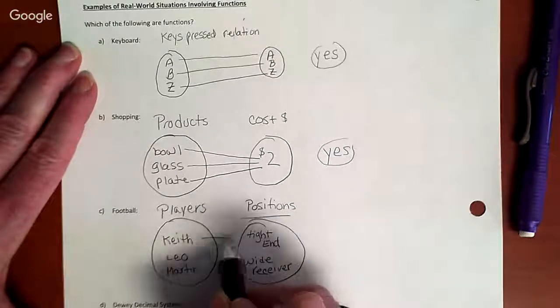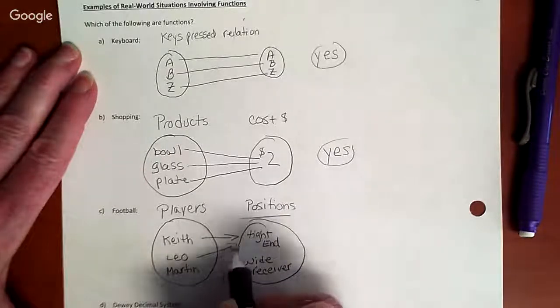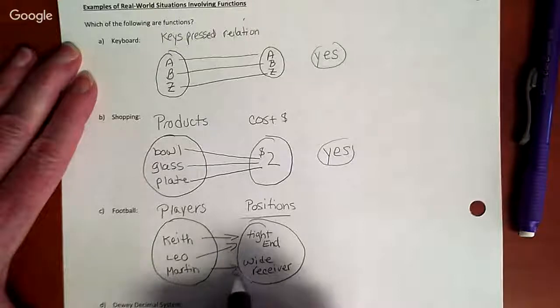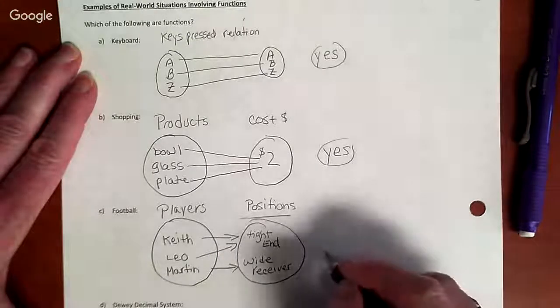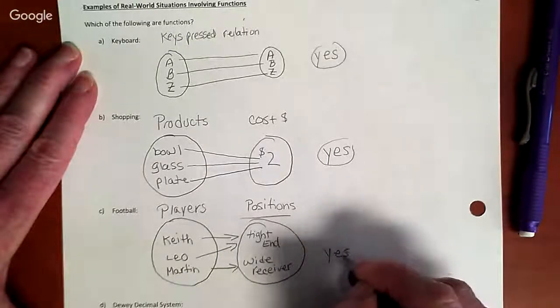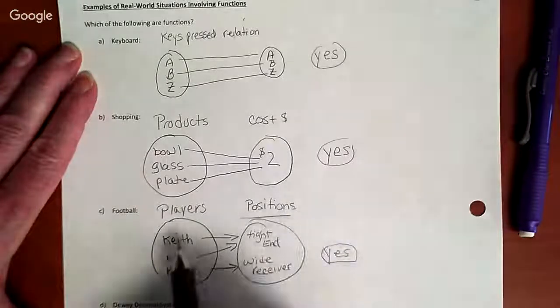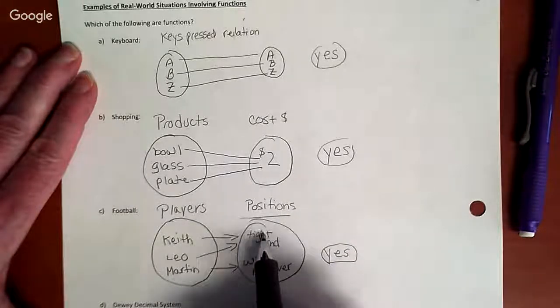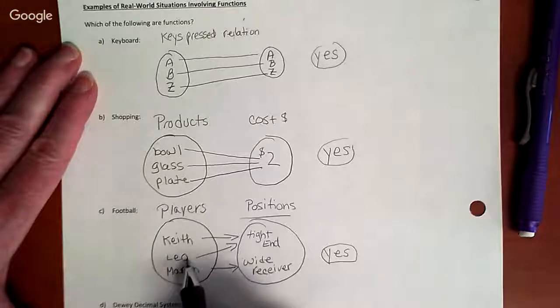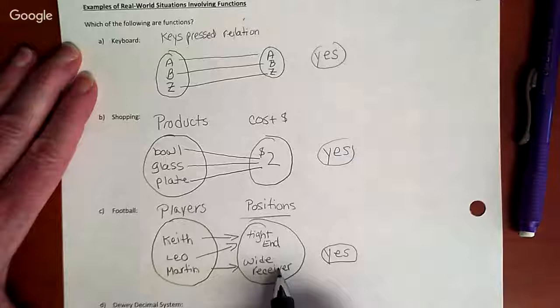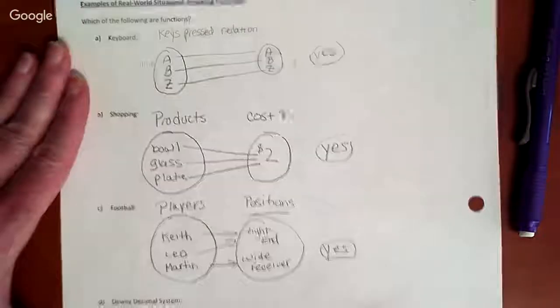If Keith played tight end and Leo played tight end, but Martin played wide receiver, again, yes, this is a function because I have one input to one output, one input, one output, one input, one output.